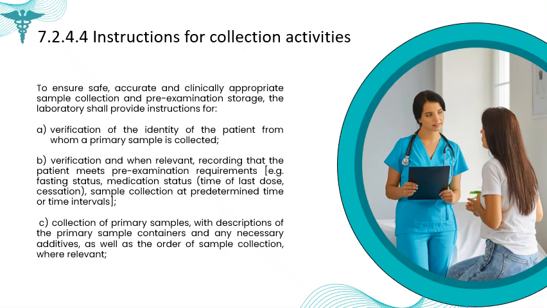Verification, and when relevant, documentation that the patient meets the required pre-examination conditions, such as fasting status, medication status including the timing of the last dose or cessation, or collection of the sample at a predetermined time or interval. Procedures for the collection of primary samples, including descriptions of the required sample containers, any necessary additives, and, where relevant, the correct order of collection.